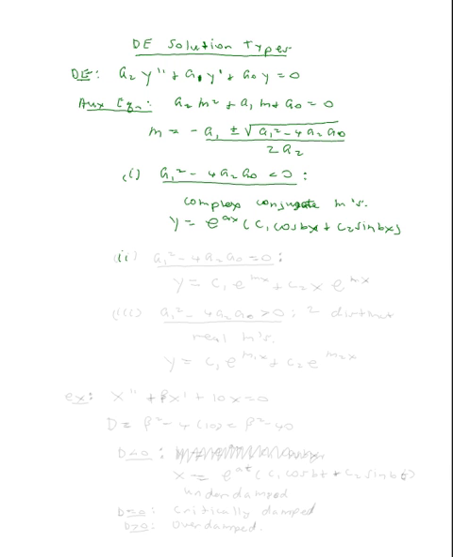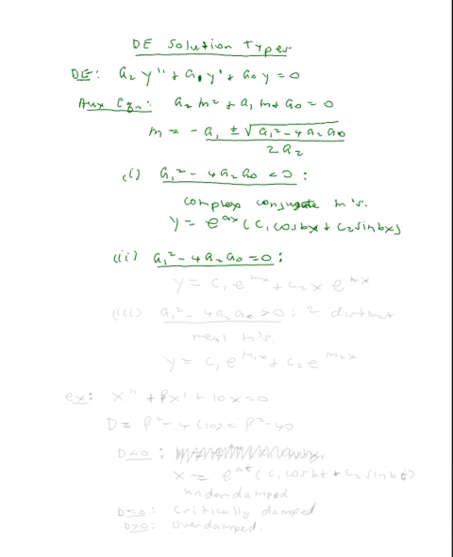Now the second possibility is that the discriminant is exactly equal to 0. So a1 squared minus 4a2 times a naught is equal to 0. Then we get one real solution to the auxiliary equation, a repeated real root.